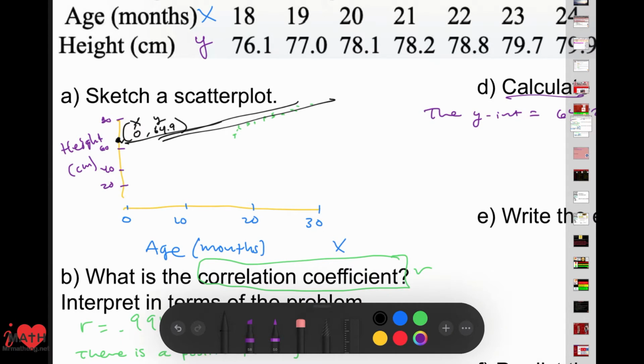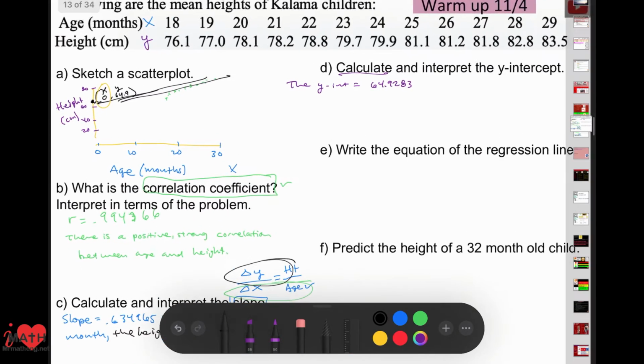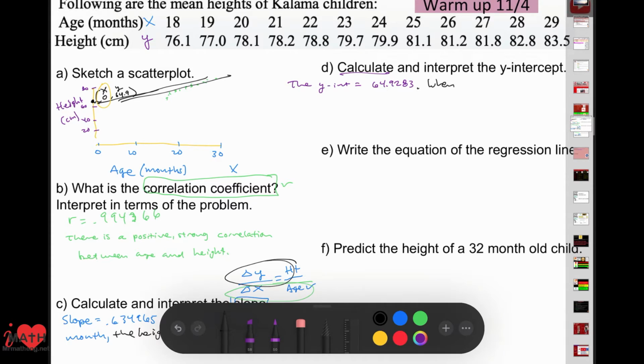And what I want to point out is that we're talking about this part. Let's write that. When x equals 0, so that means 0 months, we would expect the child or baby to be 64.9283 centimeters.